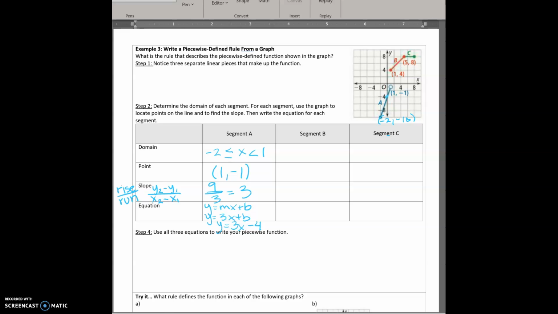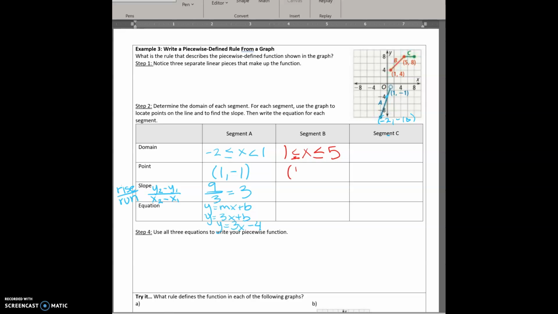So it starts at 1. It's a closed dot, so I'm going to go with an alligator with a line. And then I'm going to go all the way to 5. And again, it's a closed dot, so we're going to have an alligator with a line. Pick either point, doesn't matter, 1, 4 or 5, 8.